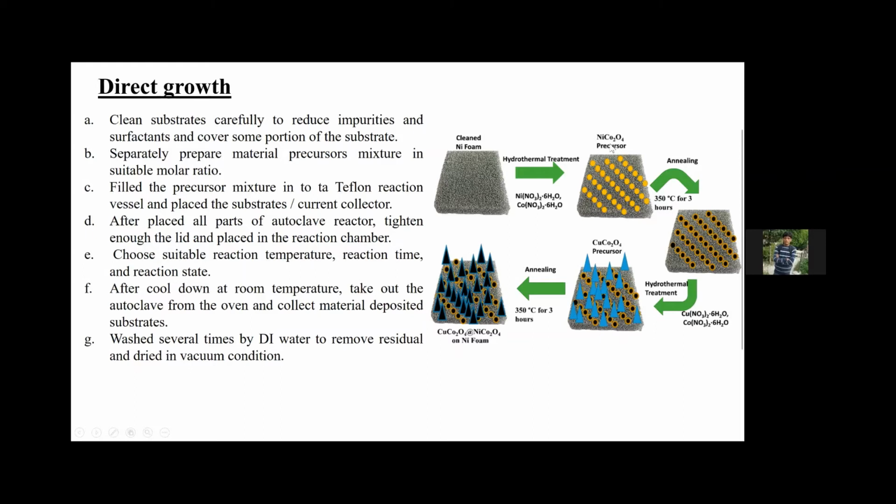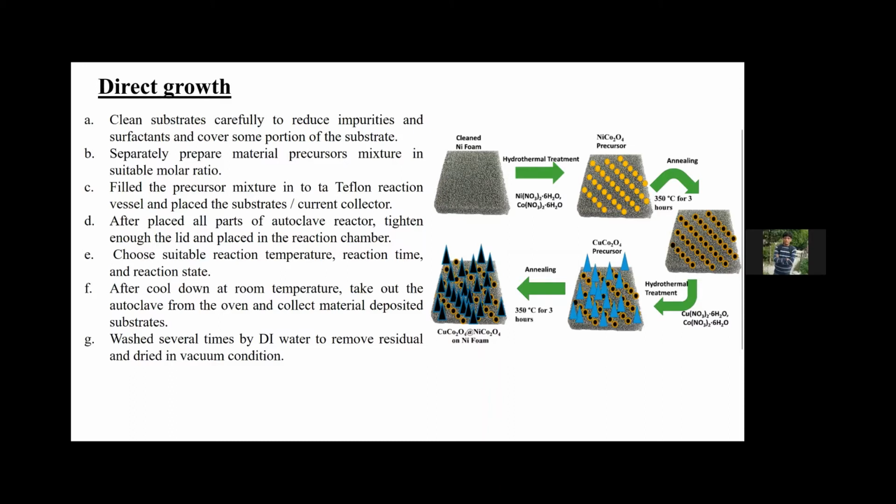Once the precursor has been made, we put it in the hydrothermal Teflon reaction vessel, and when it is properly filled, or whatever amount we are using, we place our nickel foam into the Teflon reactor.